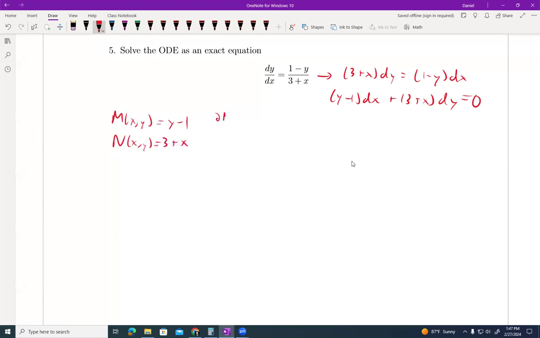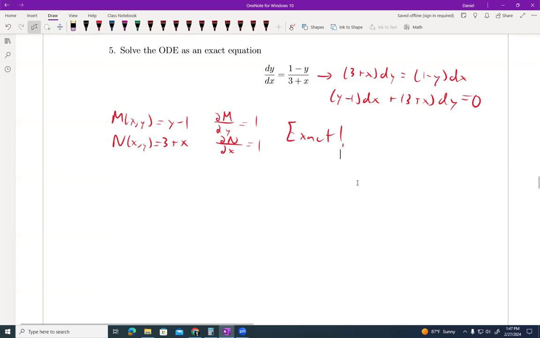And then the partial derivative of M with respect to y would be 1. The partial derivative of N with respect to x would also be 1. So this is exact, okay? Because you get the same thing for the partial derivative of M with respect to y as you do for the partial derivative of N with respect to x.